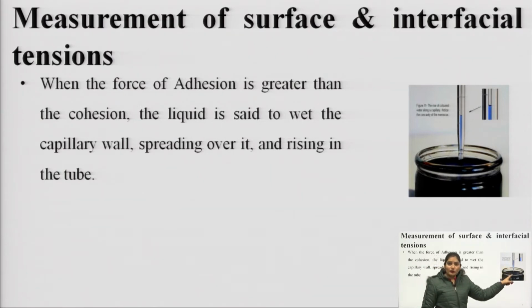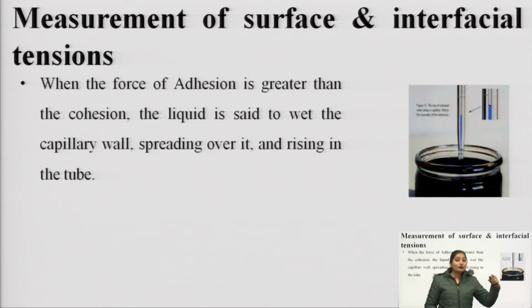Can you see this blue ink? This blue ink shows the distance or the rise of the liquid in the capillary tube. And when the force of adhesion is greater than the force of cohesion, only then the liquid is said to wet the capillary wall, spreading over it and rising in the tube.